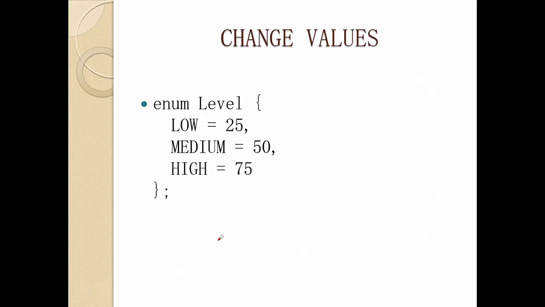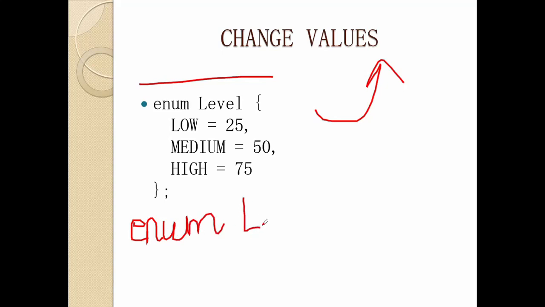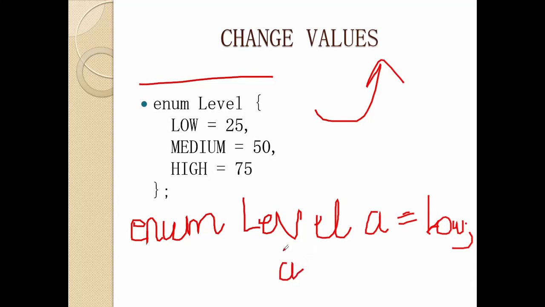If we need to change the values, while declaring the enum we might put 25, 50, or 75 as the values. Now if we write enum level, and let us suppose a is equal to low, and we try to print a, tell me what the value would be.